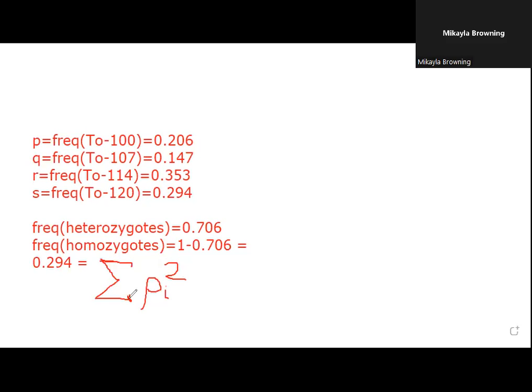And presumably somebody's got a calculator and can do that really quickly. You have these four numbers, just square each one and add the squares. I got 0.275.